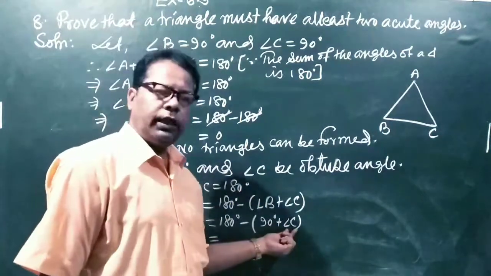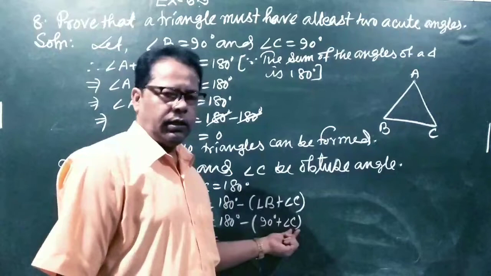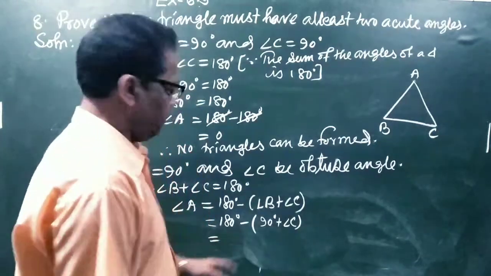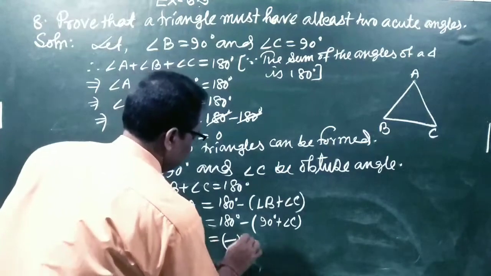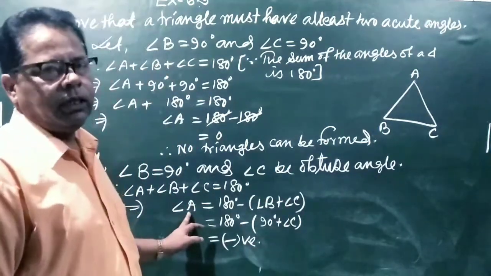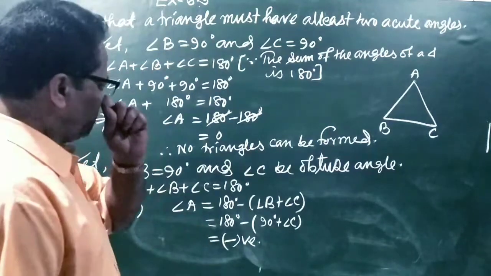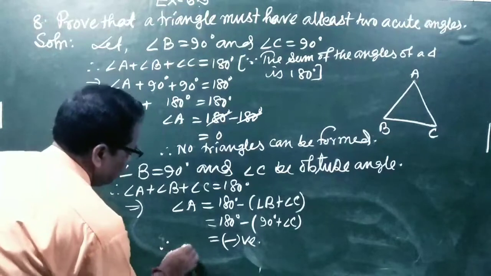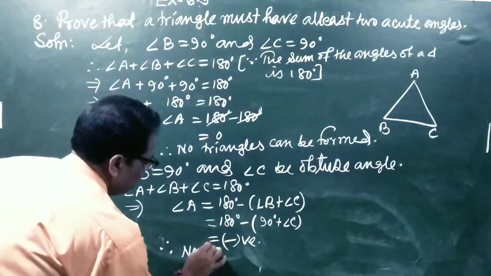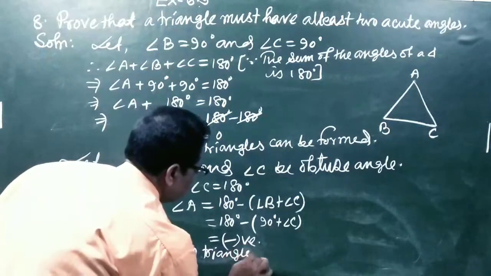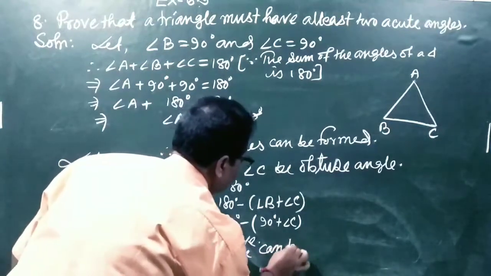If this is more than 90, then 90 plus 90 is 180. If it is more than 180, then it will become negative. The measure of an angle cannot be negative. So in this case also no triangle can be formed.